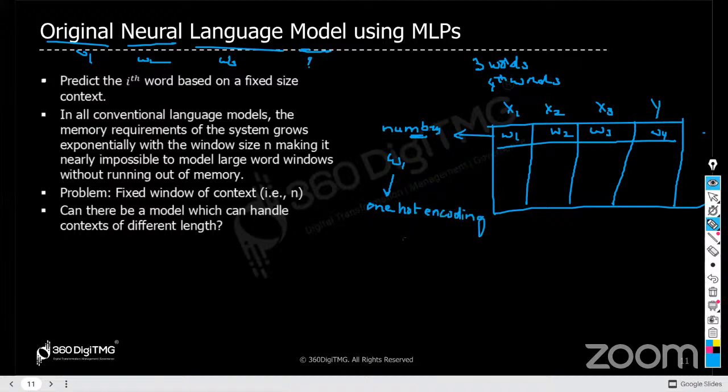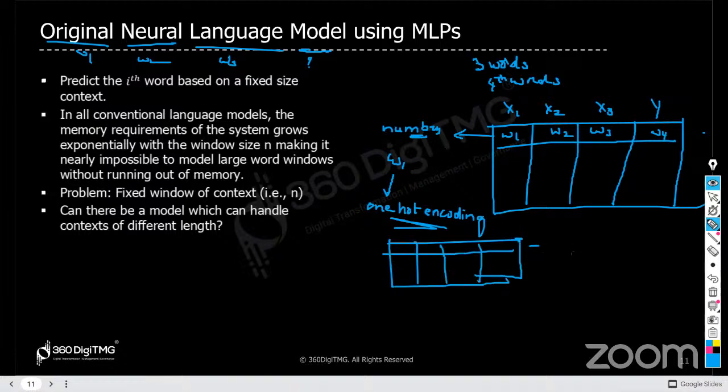What happens in one hot encoding? You take all the words, say 172K words. Wherever your word is present, that will be one and the rest are all zeros. This will be supplied, and the second word is also the same.